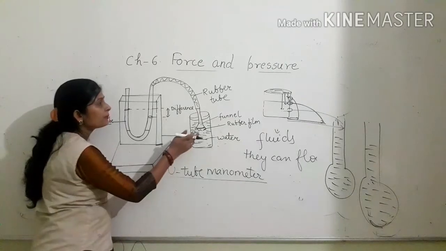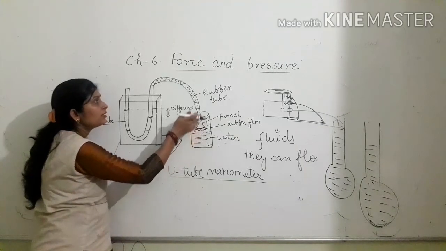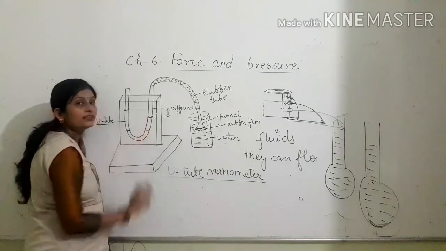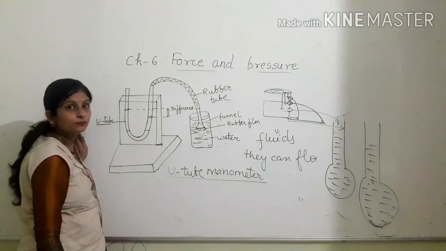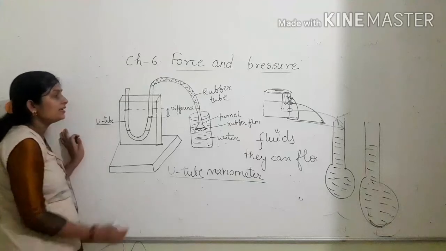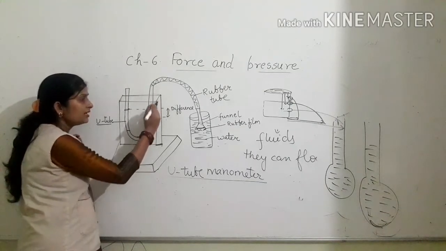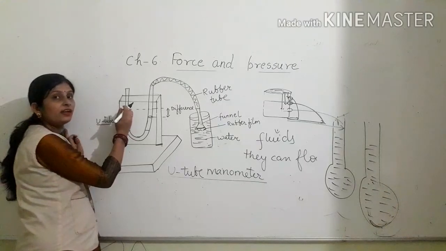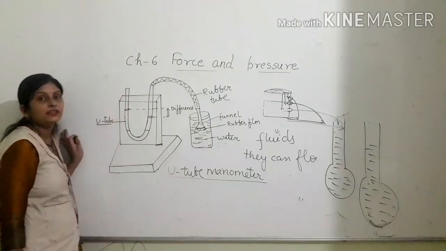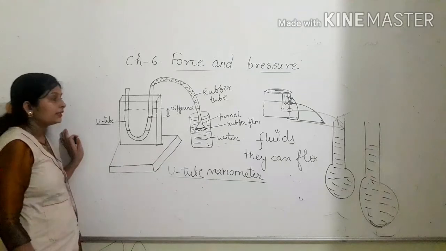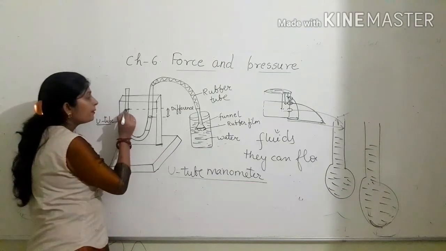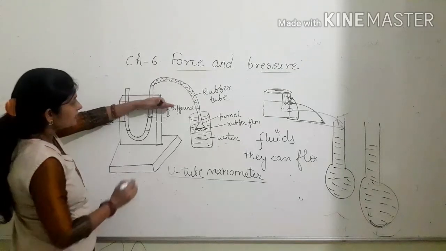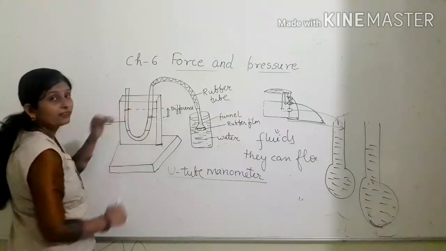So high water pressure from here is shifted to this water level, and as a result this water level declines further and here the water level rises further. Then you can measure the difference in both water levels.